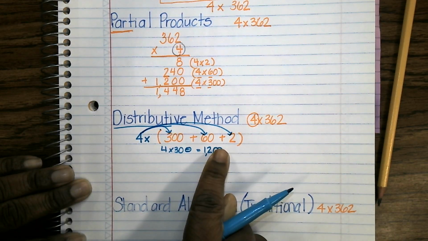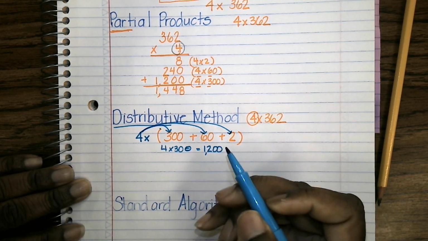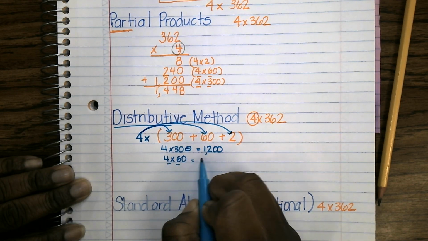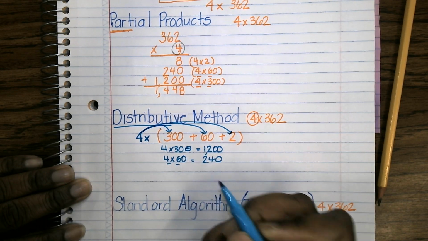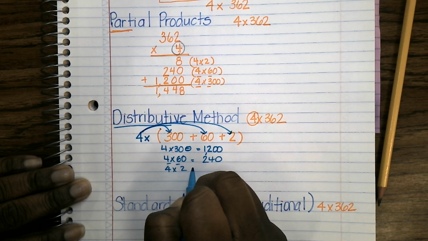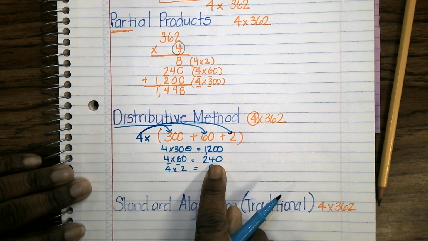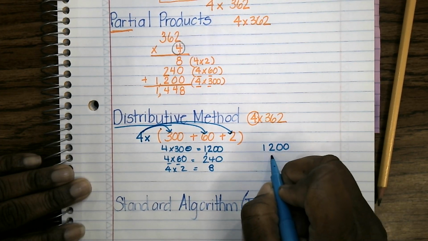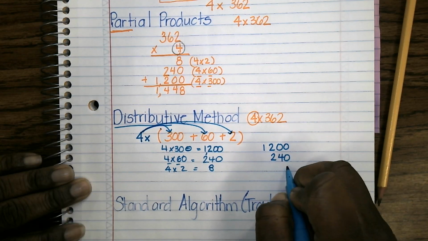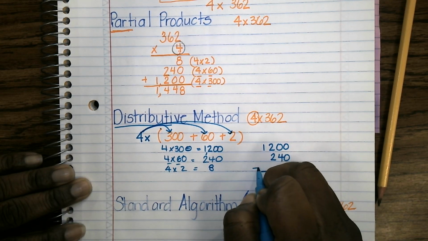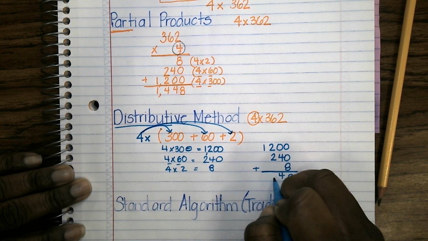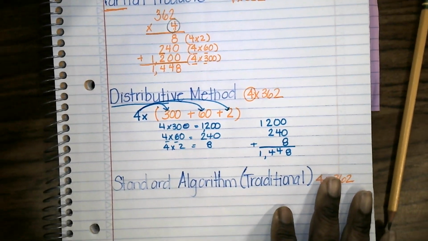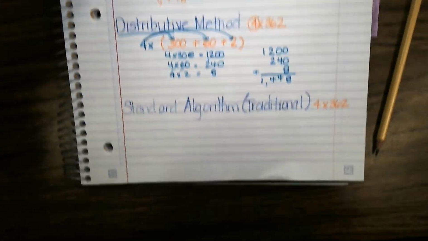The only difference here is that we're starting with the larger value versus the smaller one. 4 times 60, again, that's 240. And then 4 times 2. I did not line these up. I taught the kids it's really important to line up your digits, so I have to go back and do that. Again, you should end up with the same thing because we are not changing the numbers. We are changing the strategy for how we're getting there.